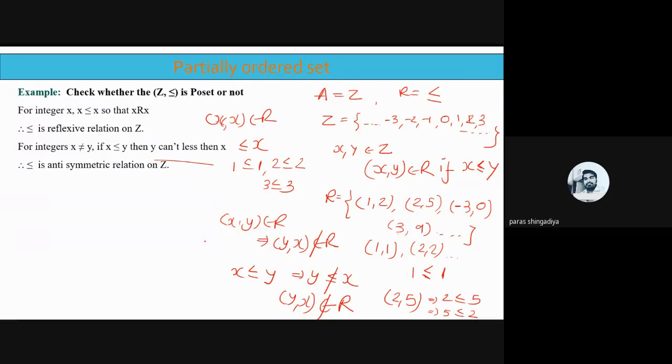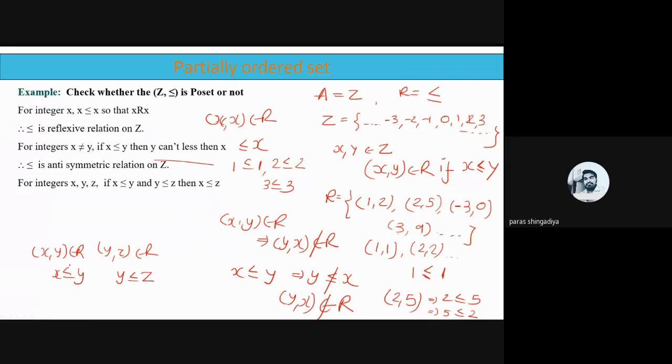Okay, and now let us prove the third one. The third condition is the transitive form. So what is the condition of transitive? For (x, y) belongs to R and (y, z) belongs to R, we say that (x, z) also belongs to R. (x, y) belongs to R means x is less than or equal to y, and (y, z) belongs to R means y is less than or equal to z.